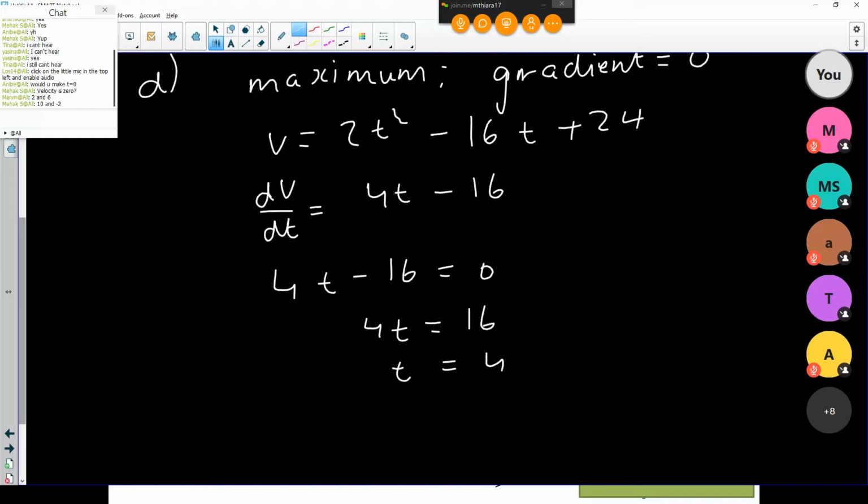Okay, so t is going to equal 4, and therefore I've found the instant where my maximum velocity occurs, and that is when t equals 4. Actually, I'm just going to check something here. I've just remembered something. If I think about the quadratic graph here, actually, I better do this. This is going to be incorrect.